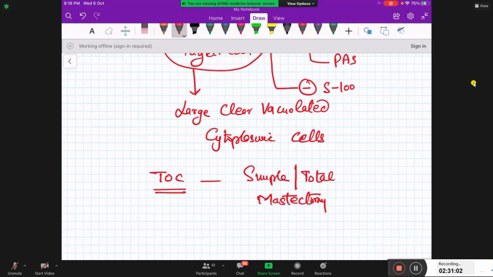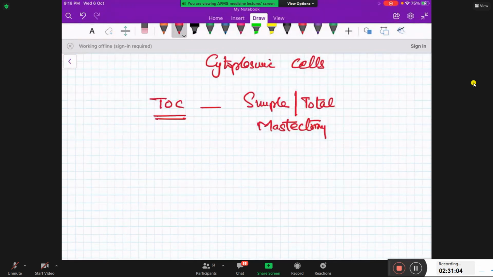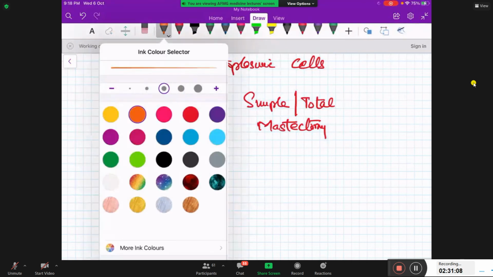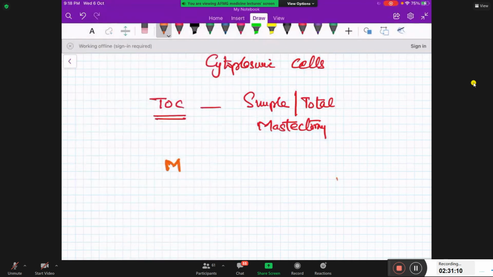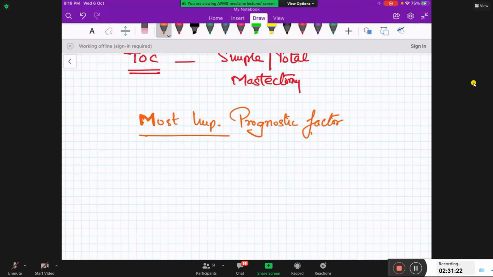Okay. Then comes the most important, very commonly asked question, and there's a lot of confusion on this. The most important prognostic factor in carcinoma breast. Now tell me, what do you understand by prognosis?